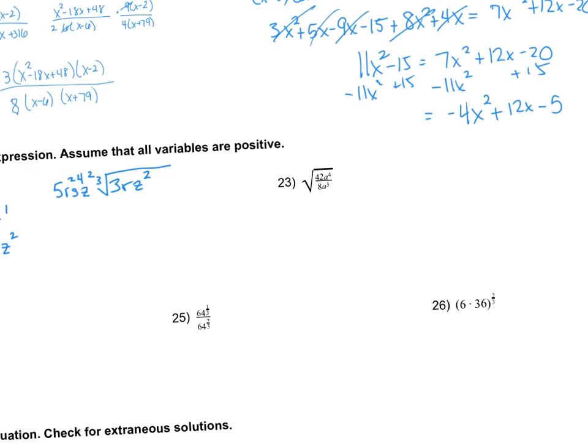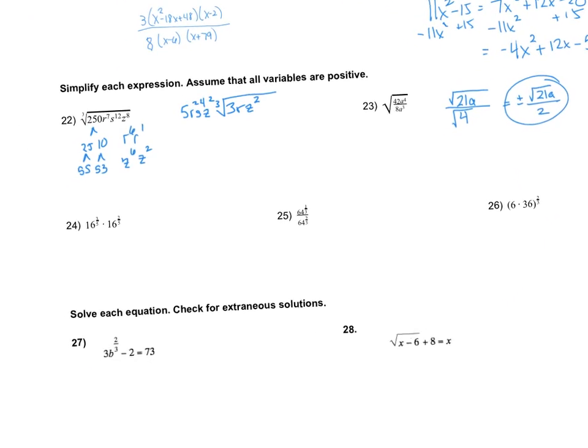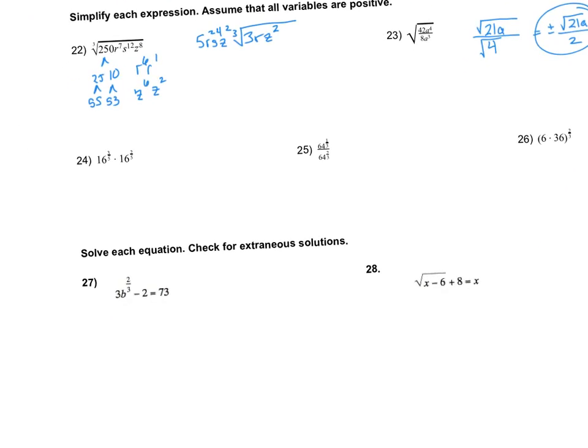Alright, let's separate this. Let's go ahead and take care of 42 and 8. Take out a 2, it's 21 over a, take out a 2, it's square root of 4, so square root 21a over 2. Okay, so this is 16 to the 5/5, which is 16.